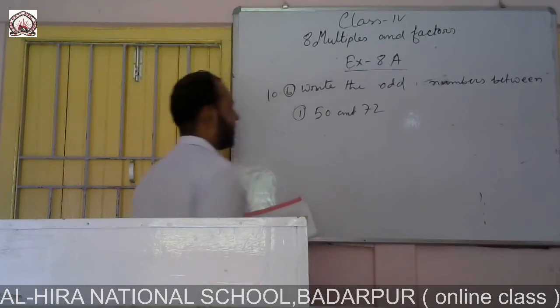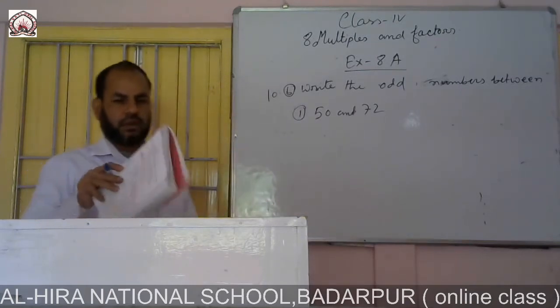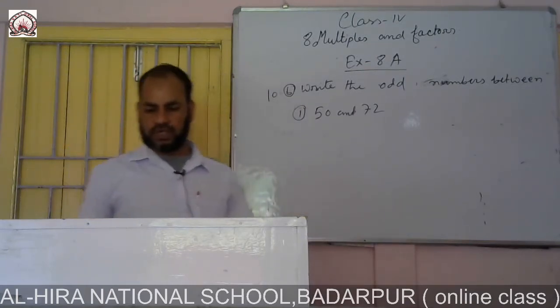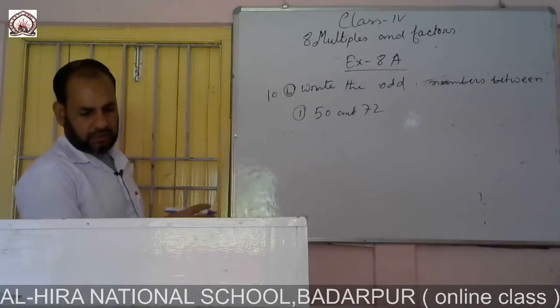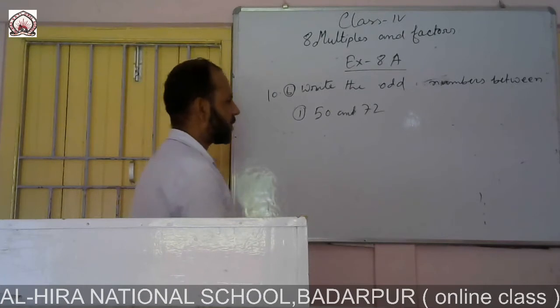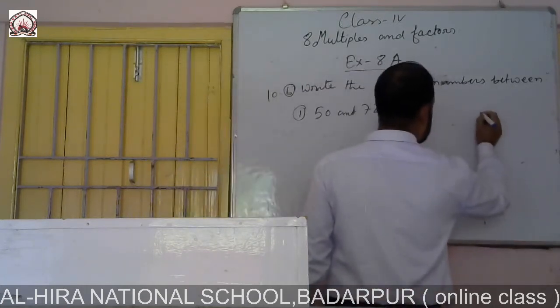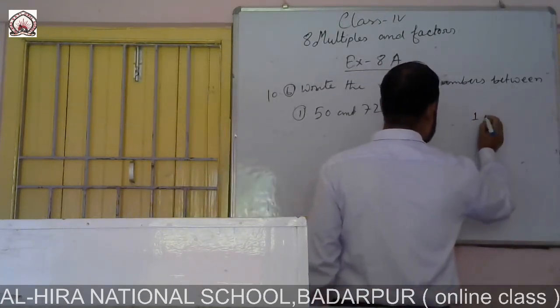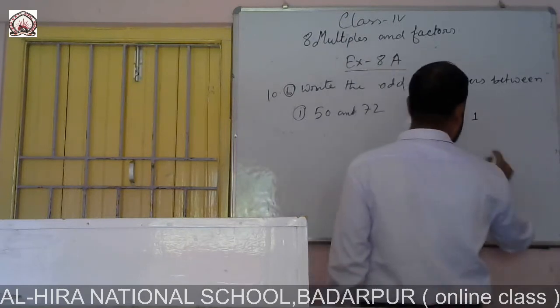Between 50 and 72 we write all the odd numbers. Now odd numbers, what we found: the numbers that are not multiples of 2 are called odd numbers. Suppose 1 is not a multiple of 2, it is an odd number.